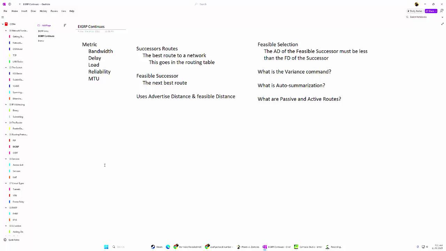By default, bandwidth and delay are the only K values that are enabled with EIGRP. If you enable them all, the K values between you and your neighbor must be the same, meaning that if you do not do this in your entire domain, your metrics are going to be a little weird.